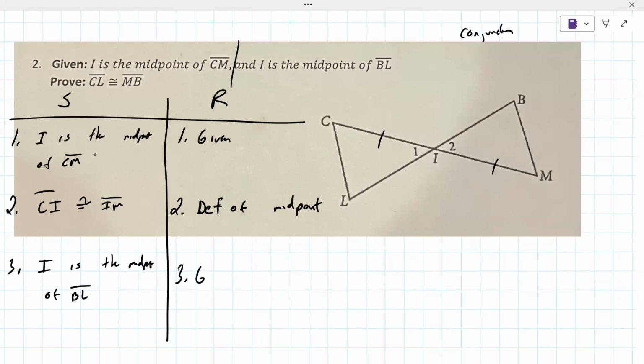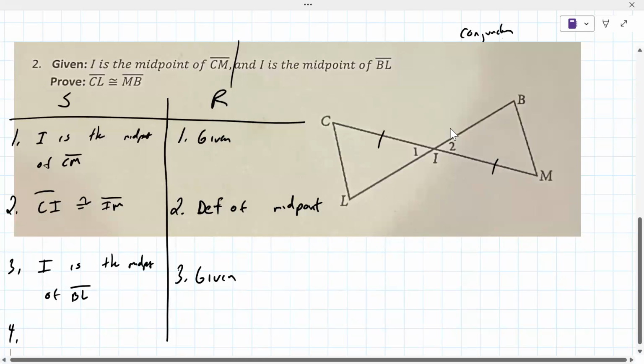That is given, but what does that tell you? It's just like number two. Same thing. It's the middle of the line. So what two segments are congruent as a result of that? B to L and C to M. No. I is the midpoint of BL. BL is this one.